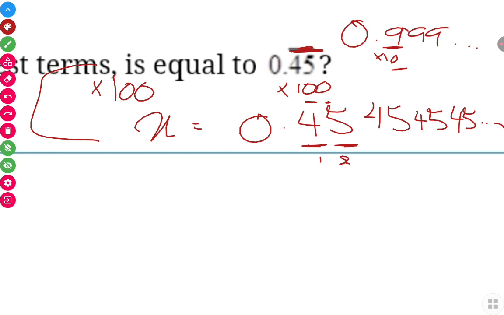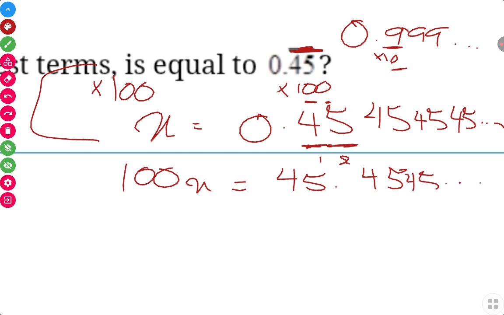Okay, so we multiply by 100 because there's 2 numbers repeating. You get 100x equal to 45.4545, and continue. And then the next step is to subtract, okay?